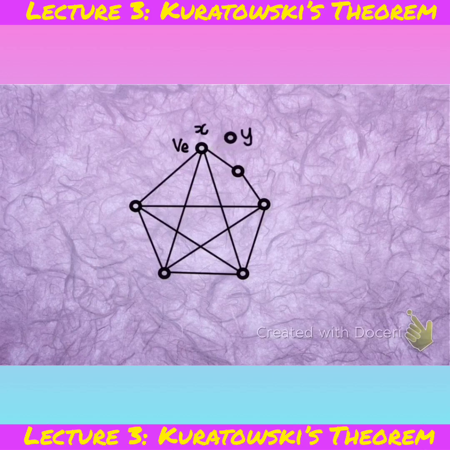If we have the other scenario where Y lies there, G is going to have a subdivision of K5 as a subgraph. And if we contract the edge XY, that's just going to give us a K5. So in both cases, G has a subdivision of K5, or just K5, as a subgraph, and that is clearly a contradiction.